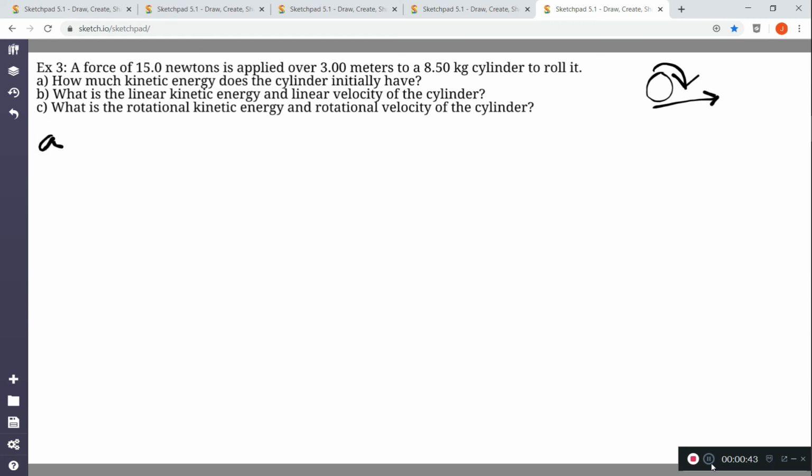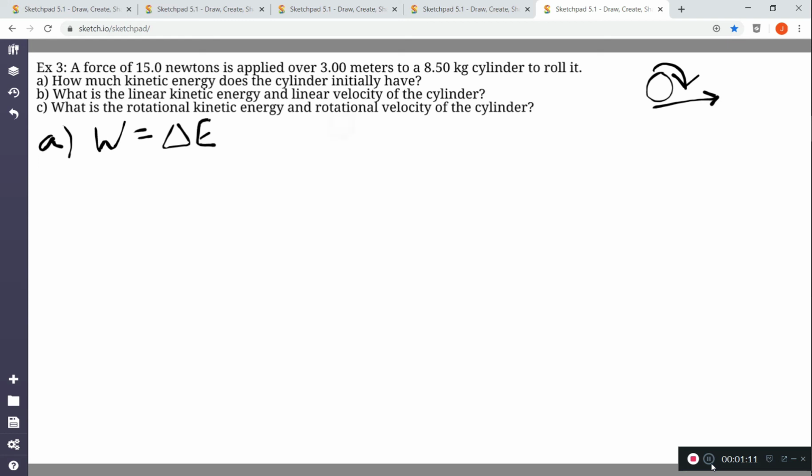So first of all, it's asking how much kinetic energy was given to it. Well, if you remember, we can use work. Work is equal to the change in energy. So if it started at rest, it started with 0 energy. So the amount of work we do is equal to our final energy. Work is calculated as force times distance.